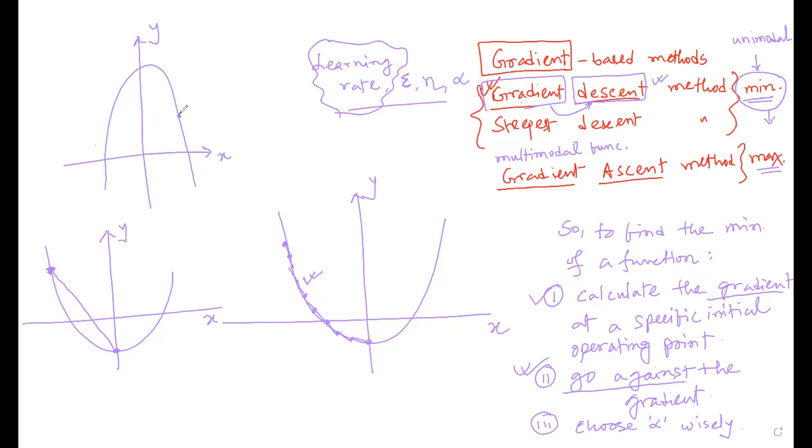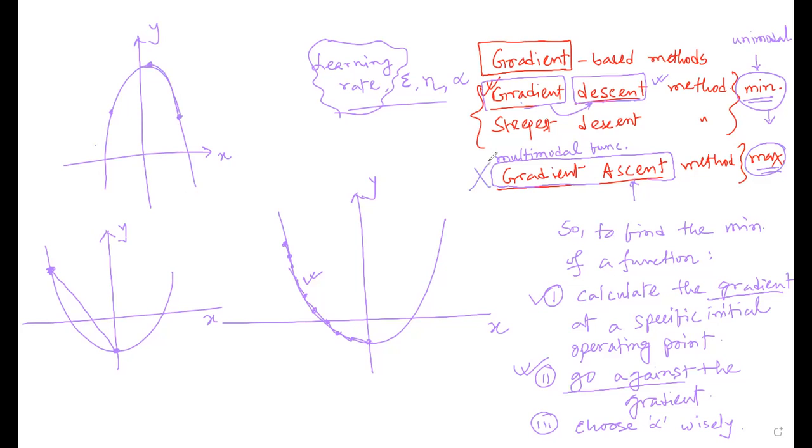Now you calculate your slope here, and you simply follow the slope. Whatever slope you get, you follow it. That will give you the gradient ascent algorithm, which is simply the opposite of gradient descent, and that should take you to the maxima of the function.